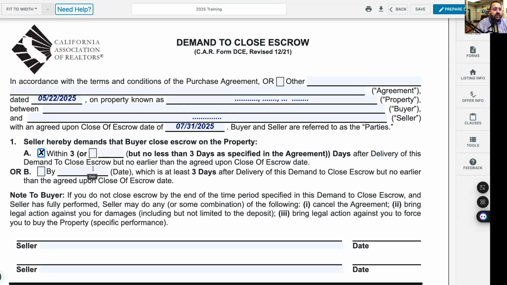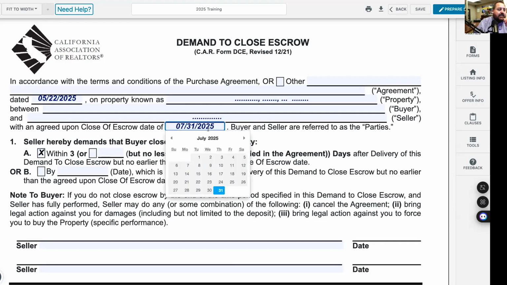If they don't close escrow on Monday, then on Tuesday I would have the right to cancel the agreement. You could even say Monday night, because close of escrow has to happen within business hours. You can't close your escrow at 11:59 p.m. Doesn't work. So if they haven't signed their docs and funded the loan by Monday, then I would have the right to cancel. Doesn't mean I'd have to, but I'd have the right.